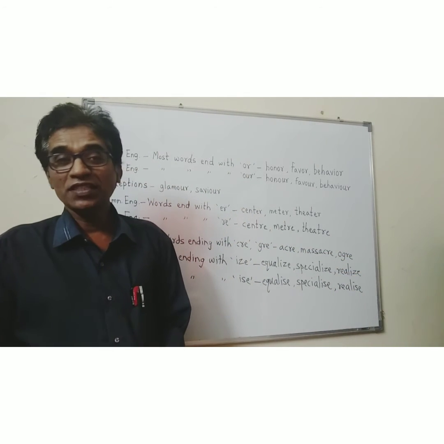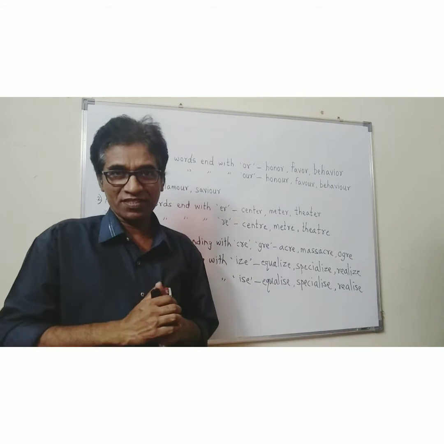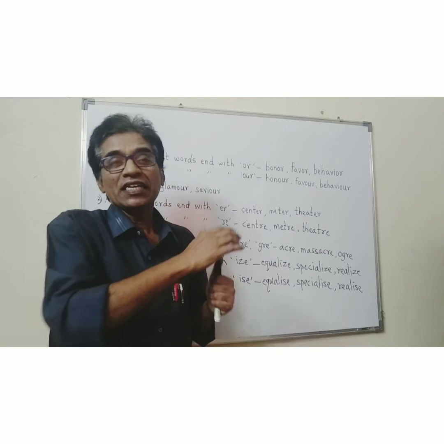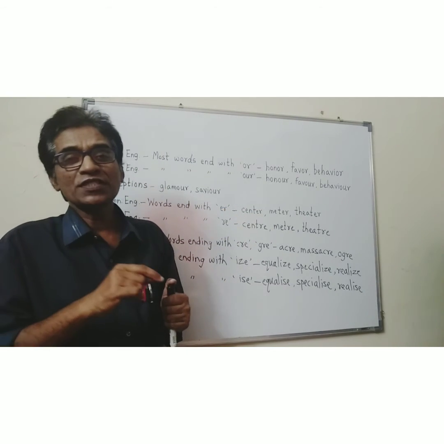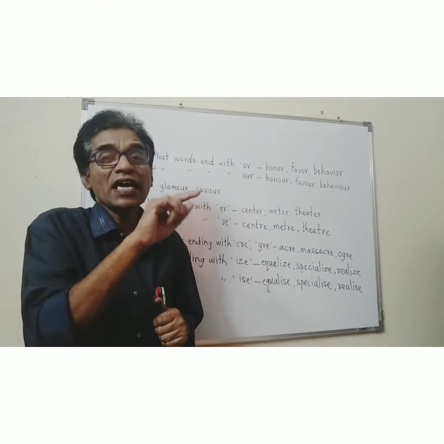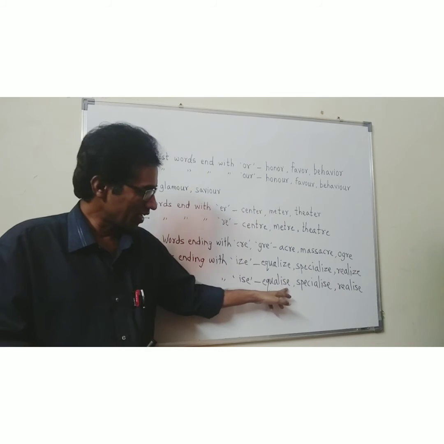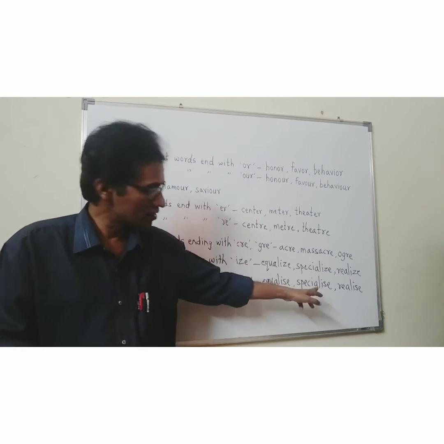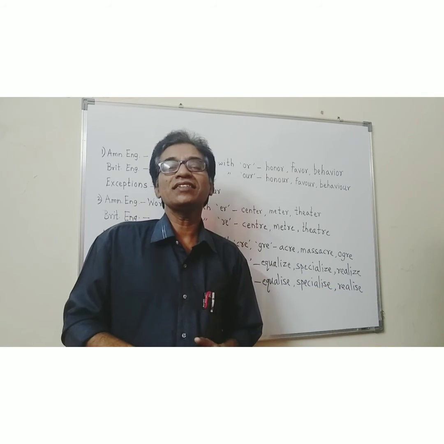But in British English, in the place of Z, S comes. Instead of IZE, in British English the ending is ISE, like equalise, specialise, realise.